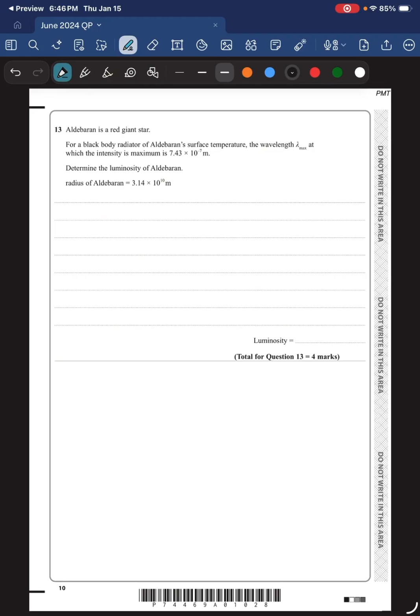Okay, so we have the wavelength at which the maximum amount of radiation is emitted. So we can use Wien's law, okay? So lambda max times T is equal to 2.898 times 10 to the negative 3 meters Kelvin according to Wien's law.